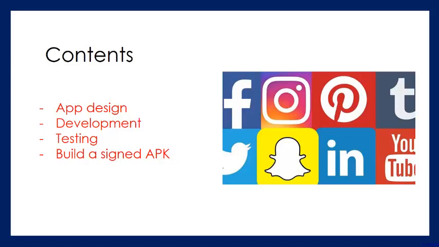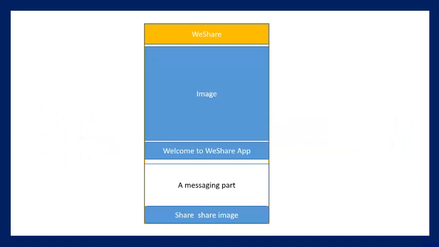So let's check on the simple design. I just did this design in a simple tool like PowerPoint. On the top, we are going to have the title of the app. For this case, it will be WeShare app. Then we are going to have an image that will show the context of the application, just like a sharing application.